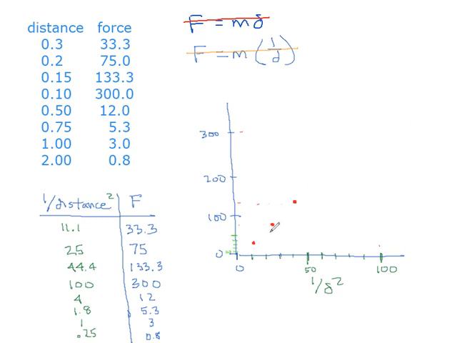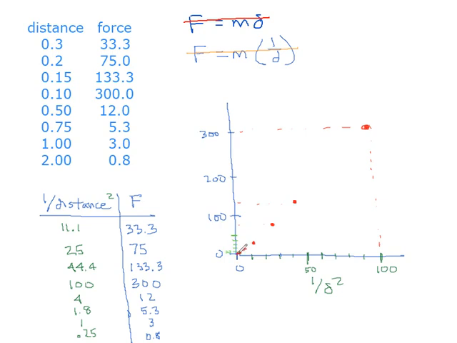It's straight so far, but I said that last time, so don't get too excited yet. 100 goes with 300, about there. That's still looking straight. That's pretty encouraging. 4 is like there, goes with 12. 1.8 is like way over here, goes with 5.3. That's jammed in the corner so tight you can hardly see it. 1 goes with 3.